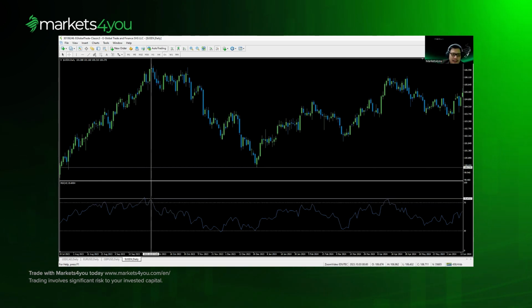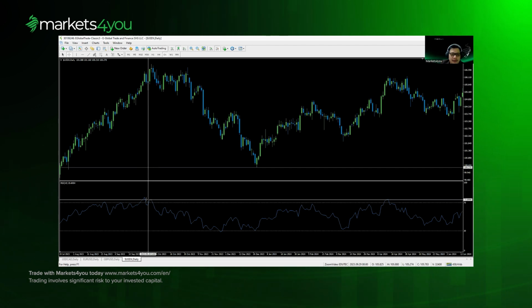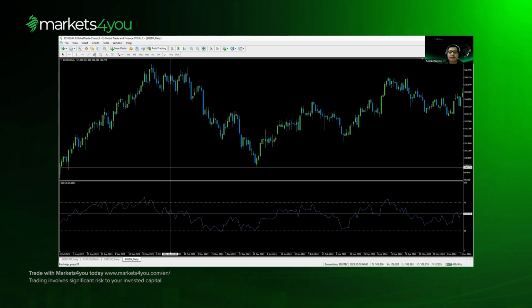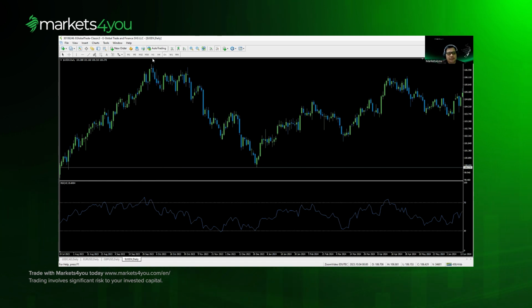If you see this and eventually it goes lower again, it will be moving lower. Even though the RSI is not confirmed, whenever you see a reversal candle pattern like this, there's a possibility that the price will reverse lower.